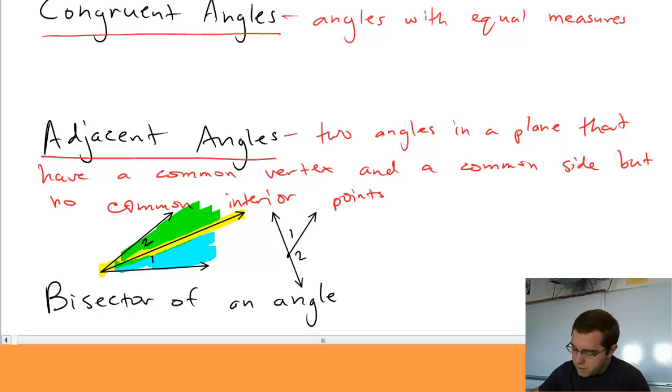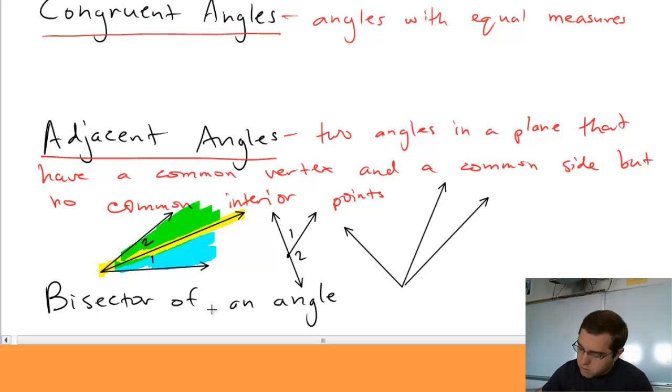What about these angles? Okay, let's take angle 3 here, angle 4, that's because they all meet at the same vertex there. Are angle 3 and angle 4 adjacent angles? Well, they share a common vertex, but they don't share a common side.